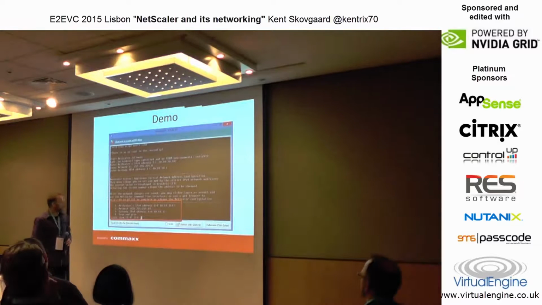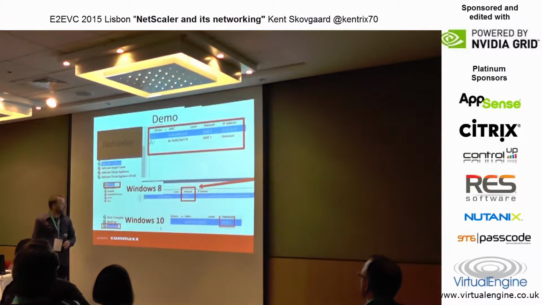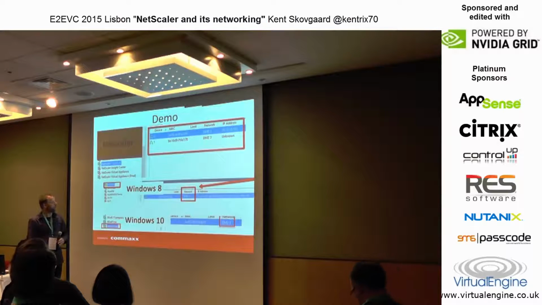So I've done a demo setup I want to show you, where I did an implementation of the new NetScaler firmware and gave it an IP address. Then in our sensor environment, I had a couple of virtual Windows machines on each subnet, given a static IP on that particular subnet, and using that to show you how it behaves.